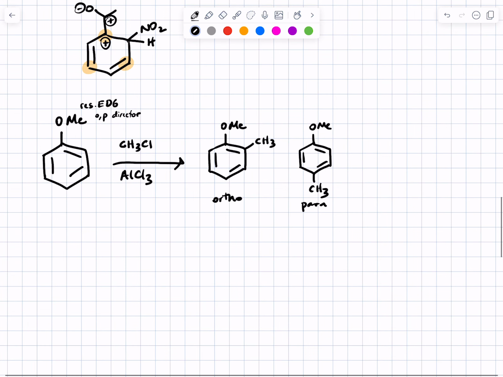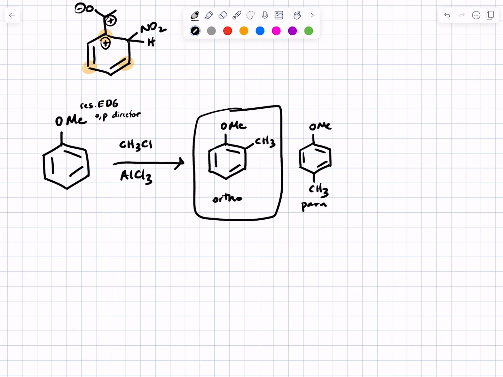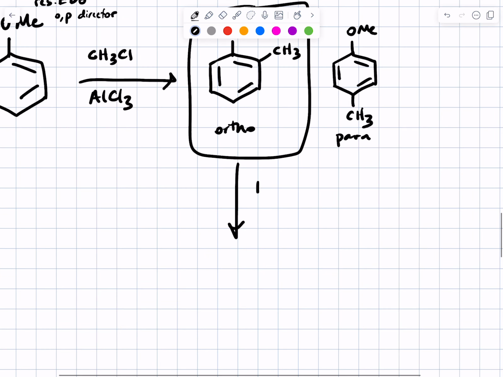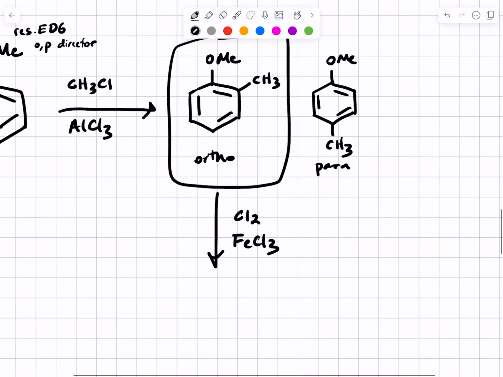So suppose our desired regioselectivity was this ortho product. Then let's go ahead and do a subsequent reaction. Let's do a chlorination reaction. So let's use Cl2 and FeCl3.